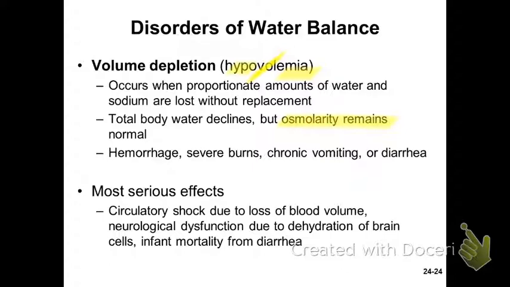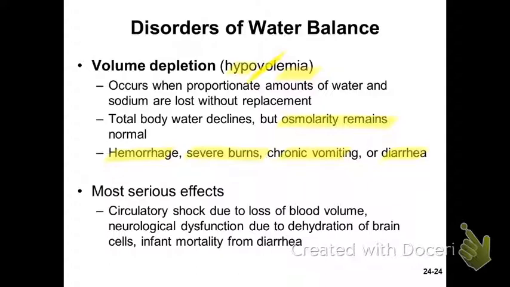Well, this would be what would happen in a hemorrhage. If you're bleeding out, you're losing volume and you're losing just as much sodium and solute with it. If you have severe burns, you're just losing fluid from all over those burns, or chronic vomiting or diarrhea. All of those situations, you are losing water and solute. Your body is not sensing a difference in its osmolarity.